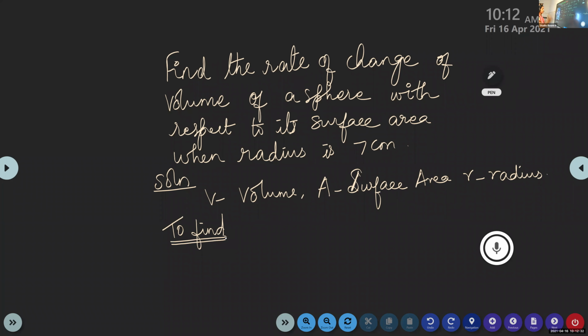In the previous case, we found the rate of change of volume, and change of area with respect to radius. Here, what is asked? Find the rate of change of volume with respect to surface area.